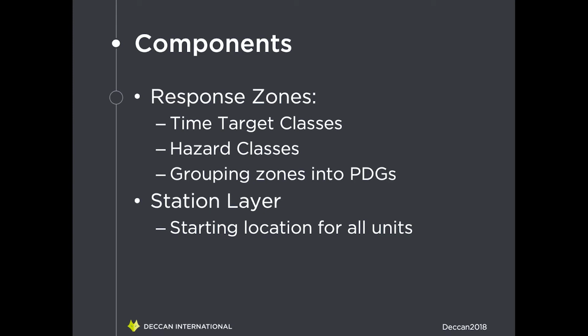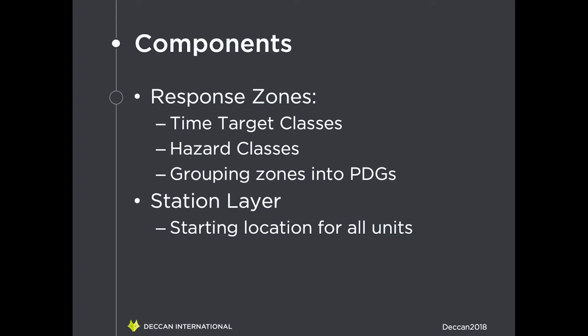We typically do quarter mile by quarter mile or half mile by half mile grids. It's going to increase the time it takes to analyze things, but generally you get more granularity. That's usually what I recommend.